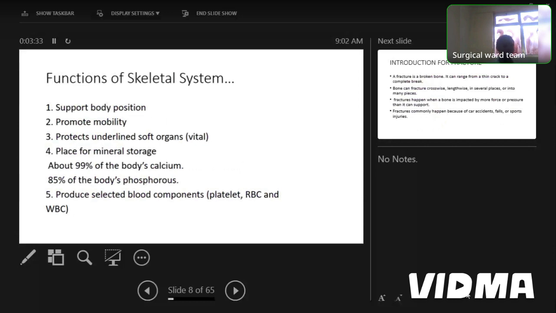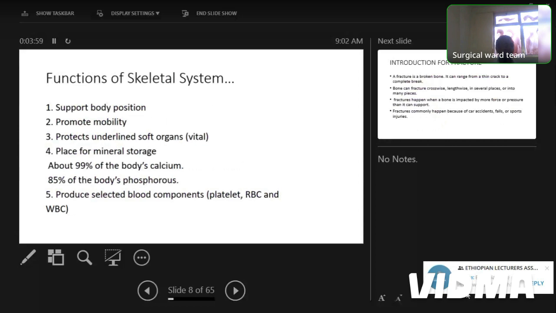When we see the functions of the skeletal system, bone has many functions. The first one is support of body position, and also promoting mobility to move, and also protecting underlying soft organs such as lung, kidney, liver, and other soft vital organs in our body. The fourth one is a place for mineral storage.